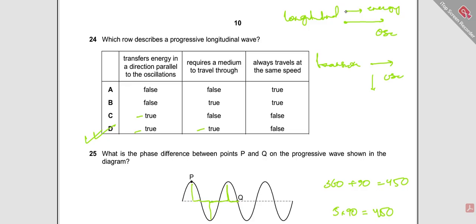But there are also a few transverse waves which do not require a medium for propagation. For example, the entire electromagnetic spectrum. However, longitudinal सारी की सारी, they require a medium for their propagation. So true. They always travel at the same speed. No, it depends on the density of the medium as well.